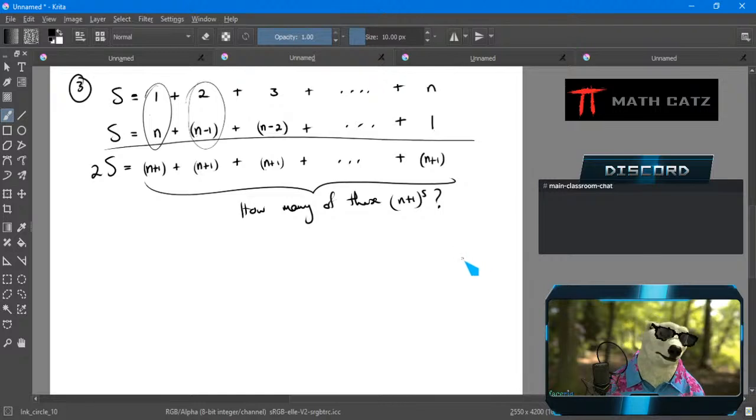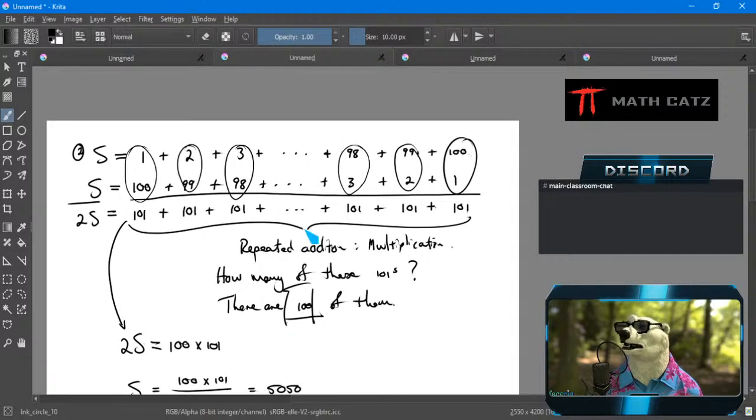We don't know the length, but we do know the amount would correspond to whatever the value of n is. Like if we stopped at 100, there were 100 of these pairs, these terms. If we were to stop at 200, we just keep going, and we did the same thing, there would be 200 of them.